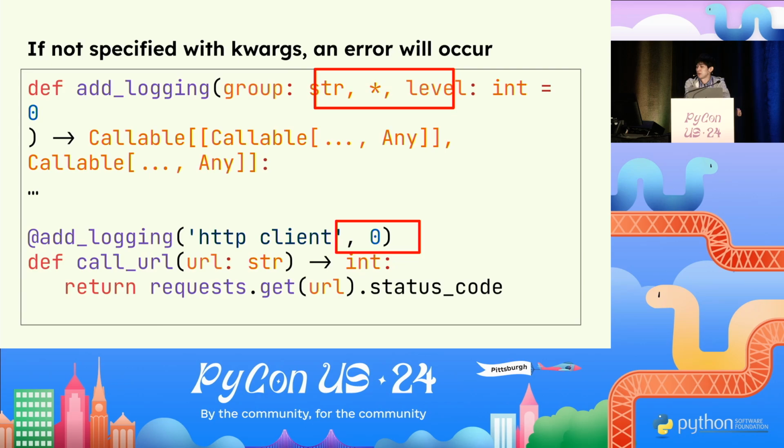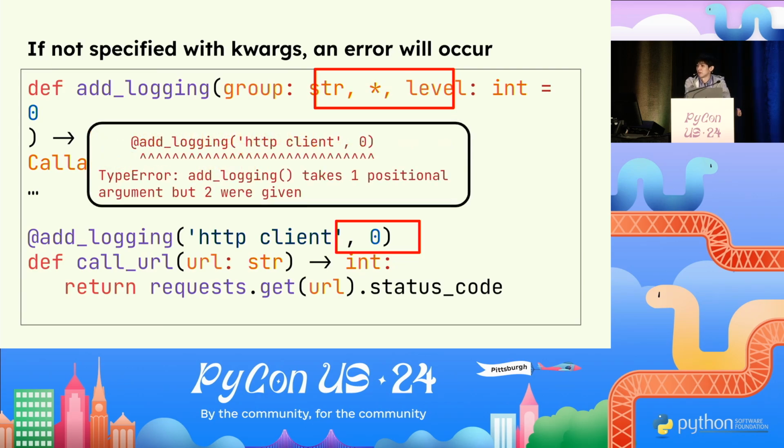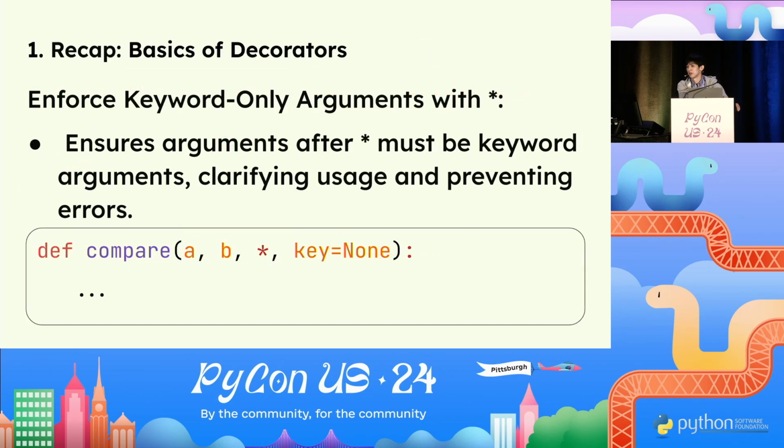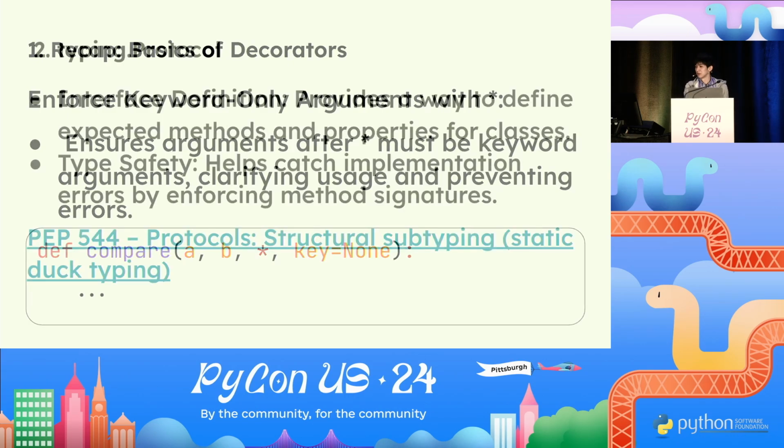But if we put this asterisk, the runtime raises an error, which is very useful. We should use keywords to avoid bugs. Recap: this is a very good feature, and I recommend we use it in decorators and other functions.